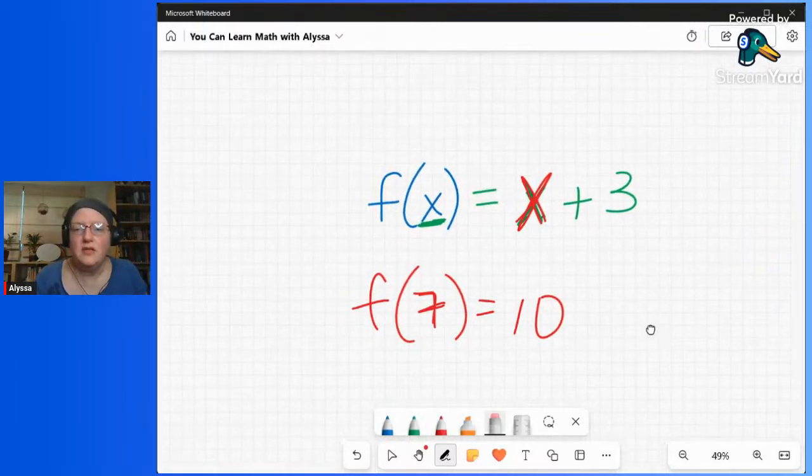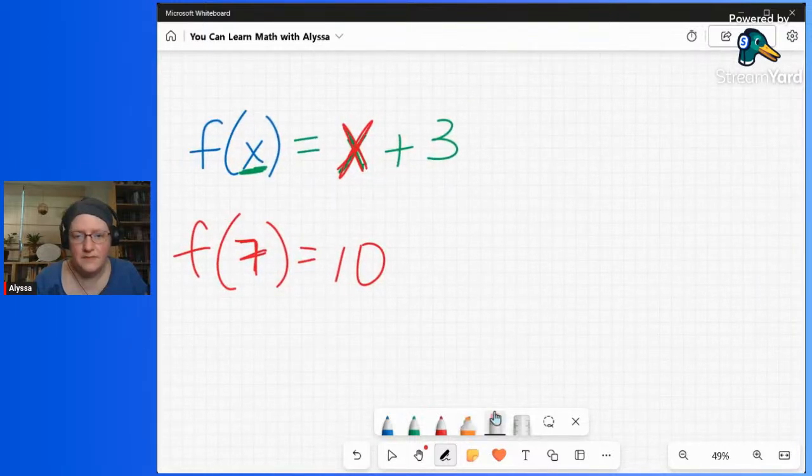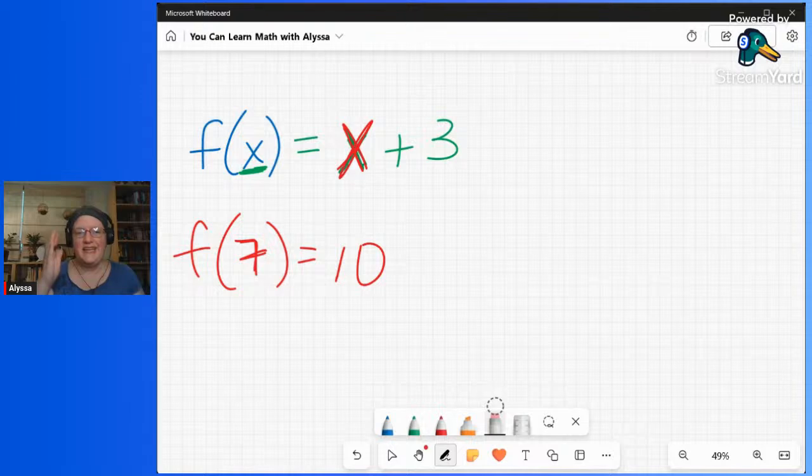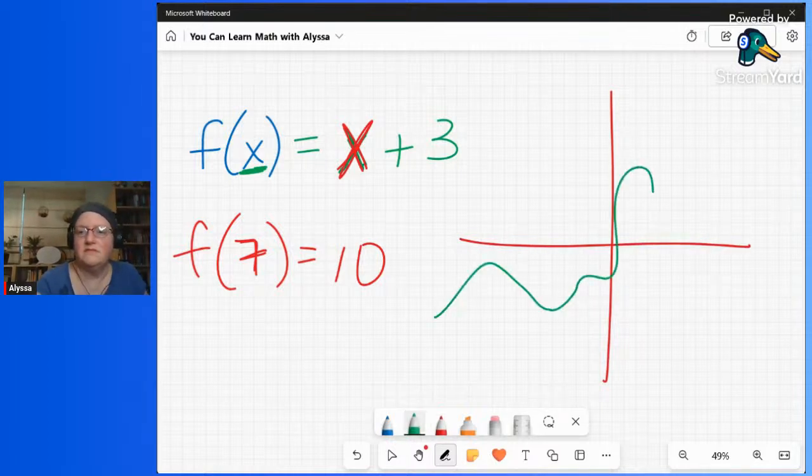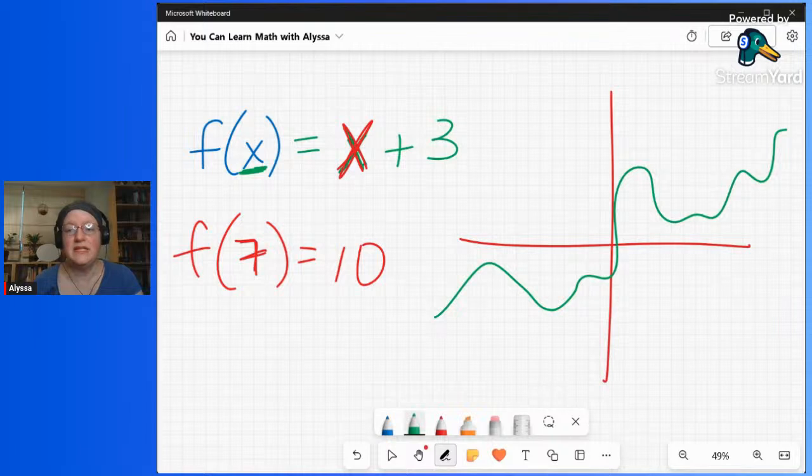The one thing that you want to say with a function, because we are talking about input and output, is that for every input, there can only be one output. So if we have a graph and you are asked, is this a function? Let's say you have something crazy, it doesn't matter what it is.